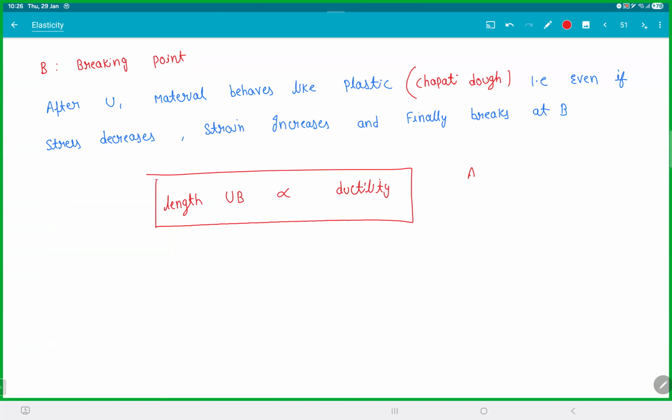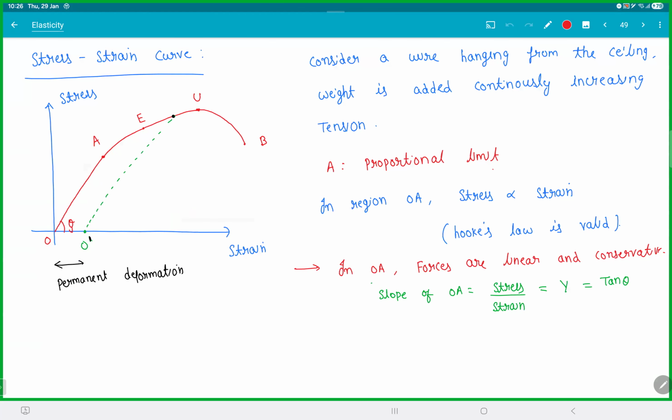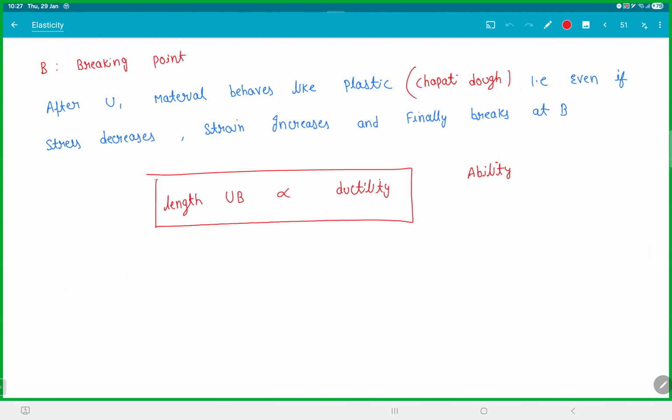This is the ability to make into thin wires. Technically speaking, it should have been E to U, but in NCERT it is given U to B. So we will stick with that NCERT thing. Because once you cross U, technically the wire goes off and breaks, but maybe if you decrease the force a lot, it goes off. But anyway, this is the ability to make into thin wires.